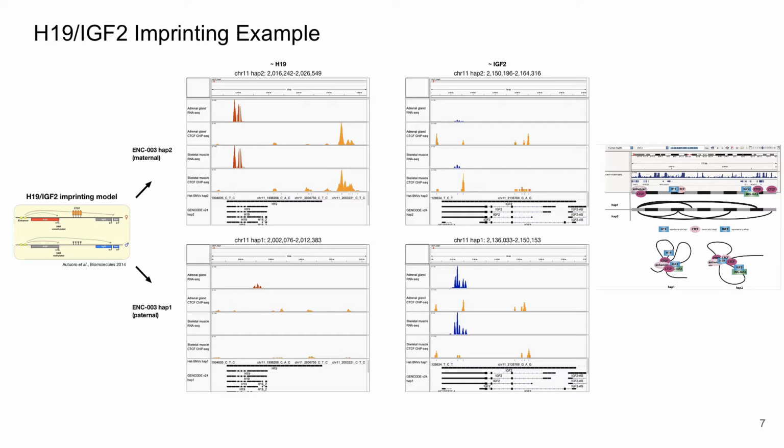And when we look across the breadth of assays that we have, we can actually see exactly this imprinted behavior by looking at a combination of the RNA-seq, the CTCF ChIP-seq, and other data sets.